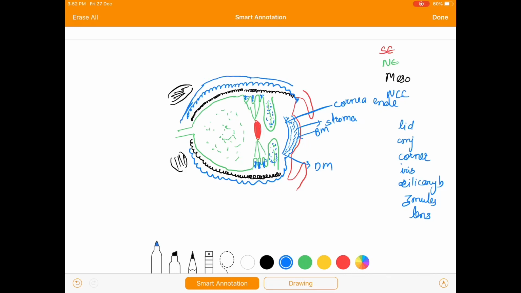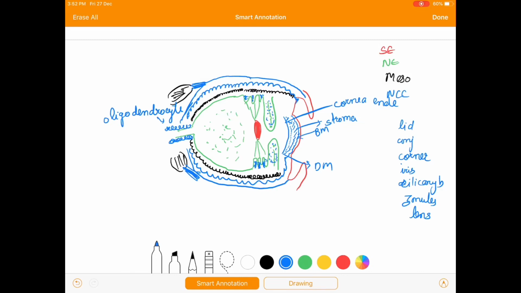It is a fibrous layer which coats the eye. Neural crest cells also give rise to the tendons of extraocular muscles and also give rise to the oligodendrocytes, which secrete the meningeal layer of the optic stalk or optic nerve.